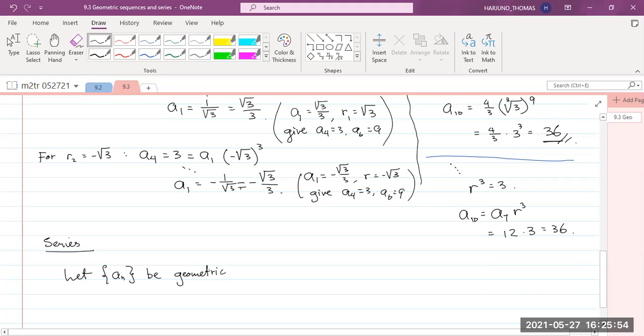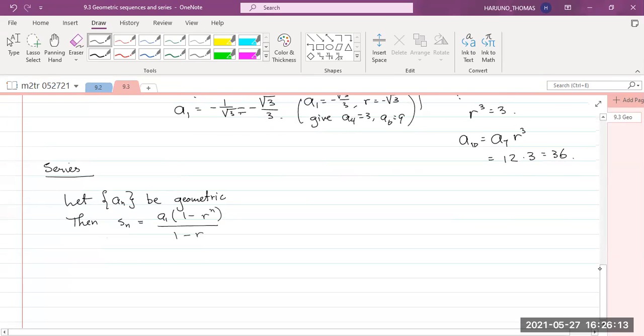Then the nth partial sum equals the first term times 1 minus r to the n over 1 minus r. I believe I already showed the proof in my lecture video, but just like before, I want to prove that again. I need you to really feel this proof, the elegance of this proof.